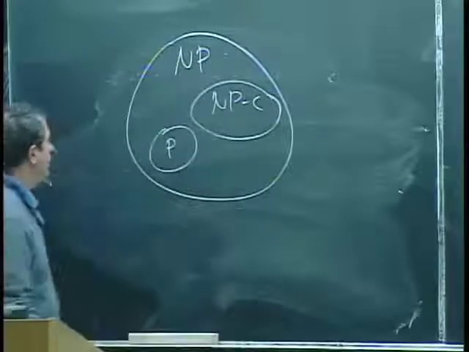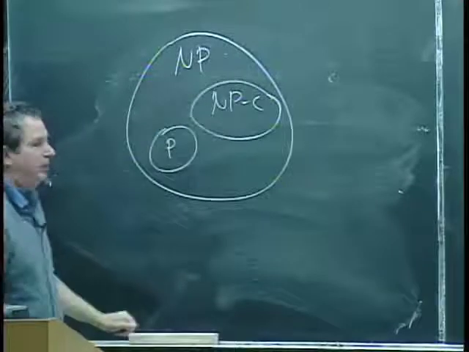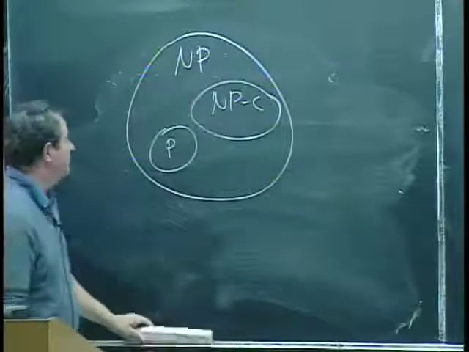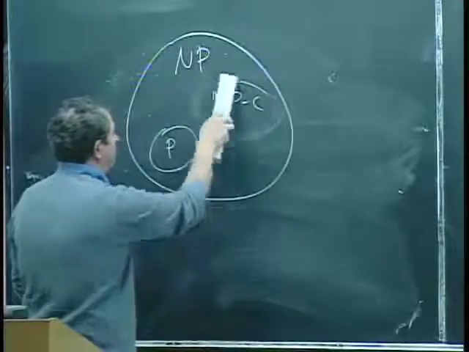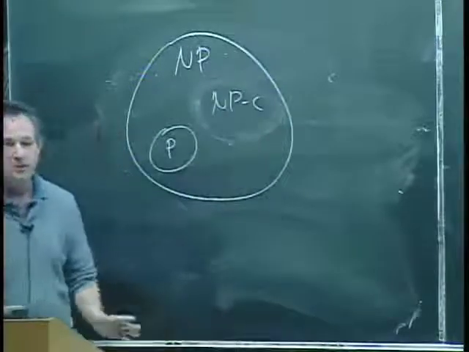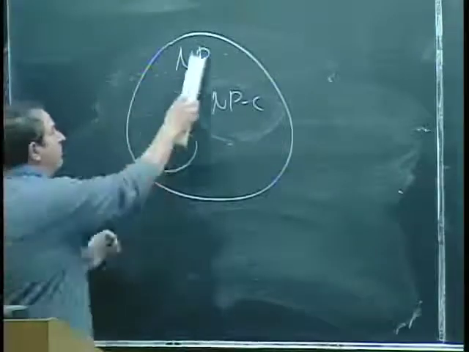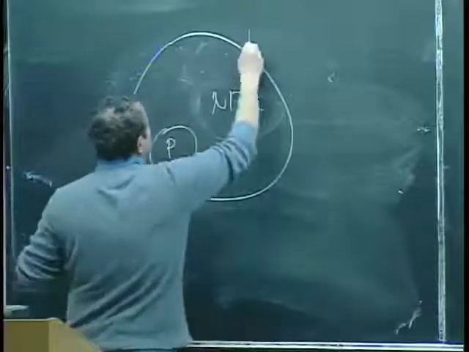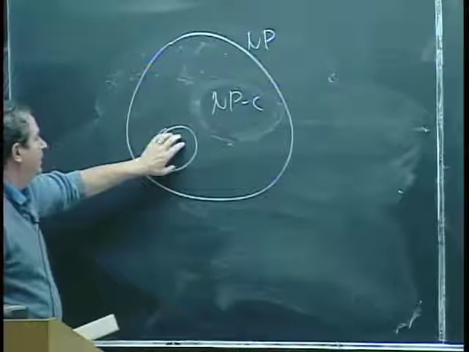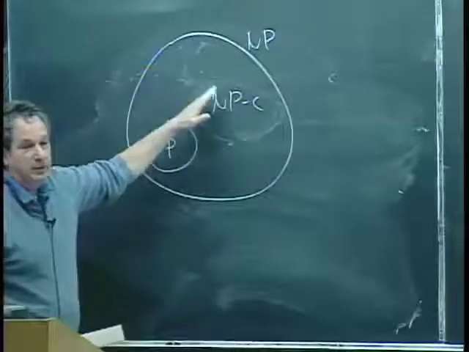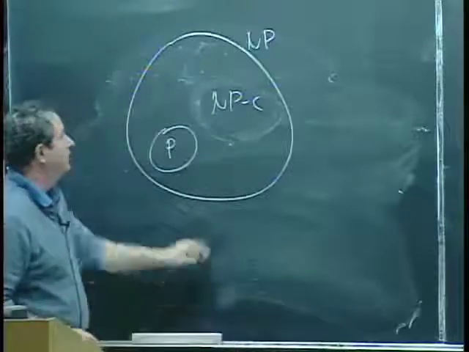So this is sort of the empirical picture, and what you might hope is that the world looks like this. Well, you might hope that P equals NP. That'd be great too. But if P is not equal to NP, then what you would hope is that NP looks like this: you have problems in P and everything else is NP complete. Why is that a good thing?